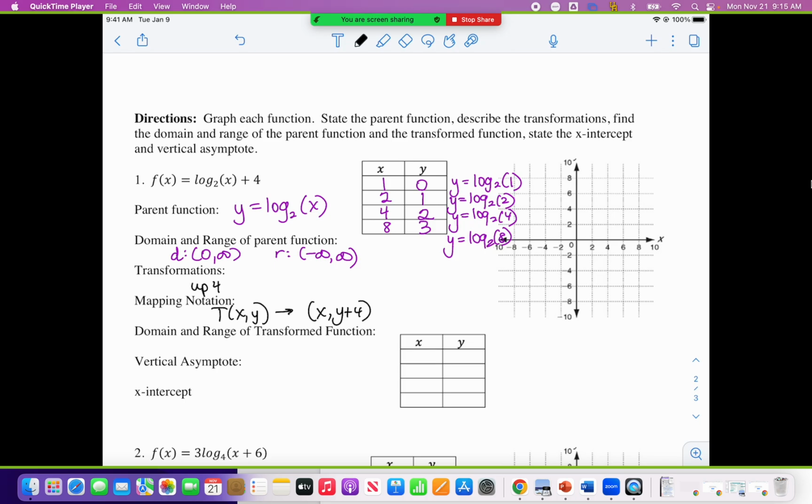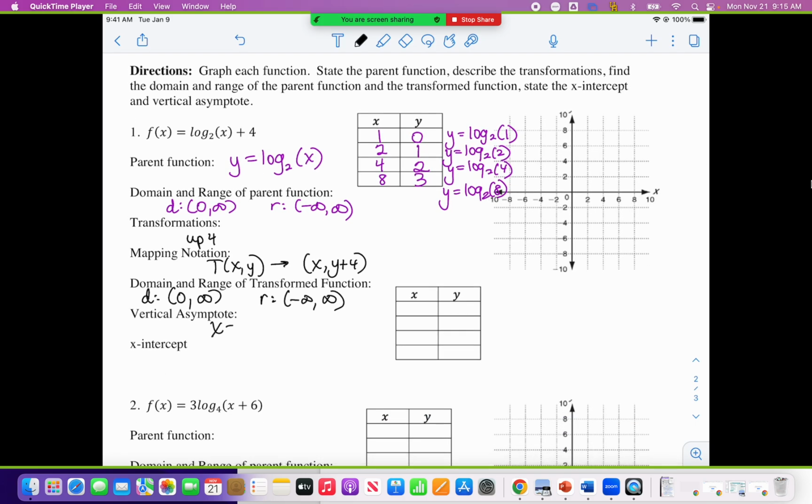What's going to impact my domain? What kind of transformation? Left, right. Now there's another one that will impact it. If I reflect over the y-axis, that'll do it too, okay? But I had no change in x, so that's 0 to infinity for my domain, and my range didn't change. My vertical asymptote didn't change.